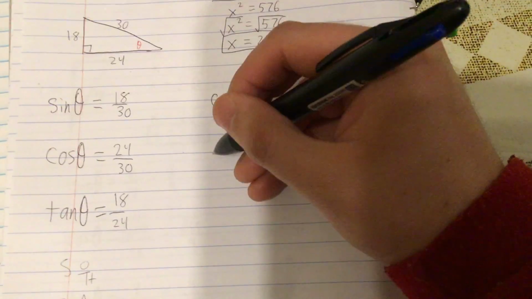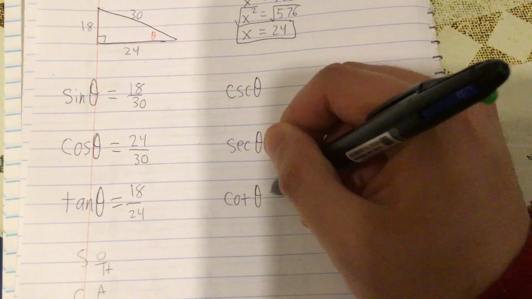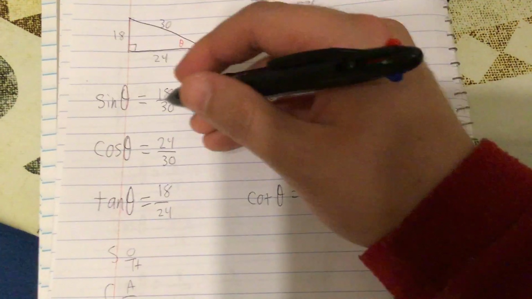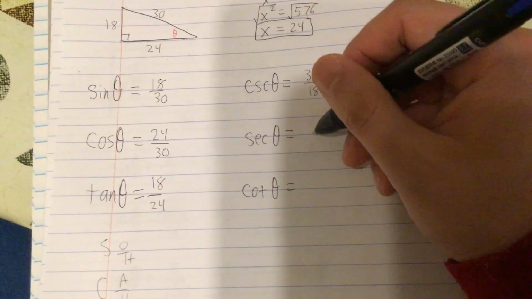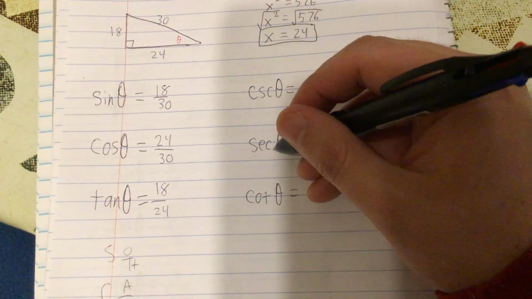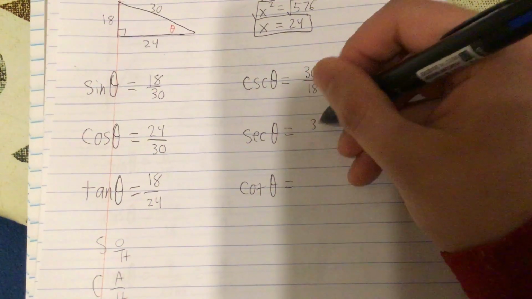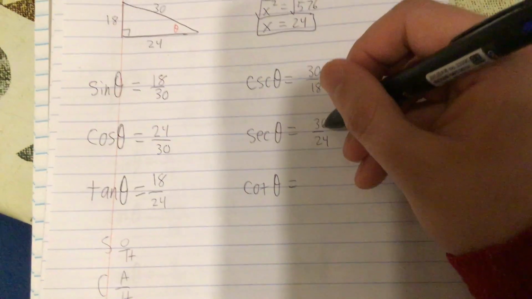So therefore, the cosecant, the secant, and the cotangent are just the reciprocals of their respective functions. So the reciprocal of sine, the cosecant, is 30 over 18. The reciprocal of cosine would be 30 over 24. So the secant of angle theta would be 30 over 24.